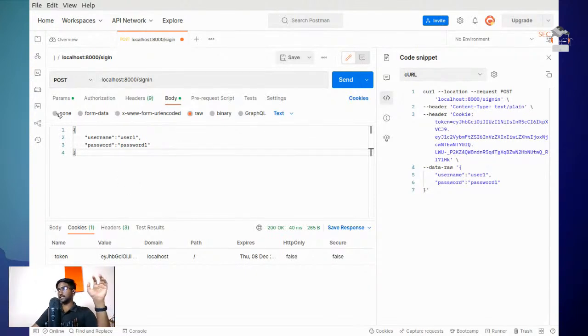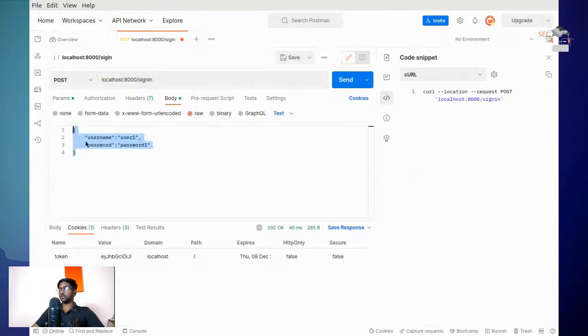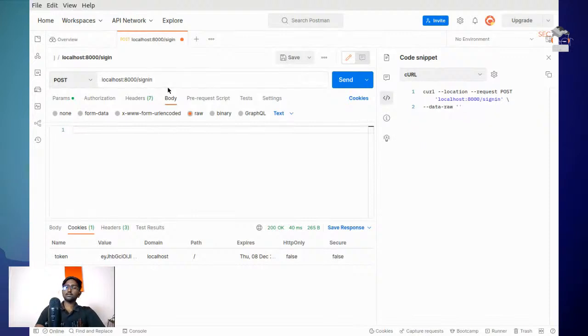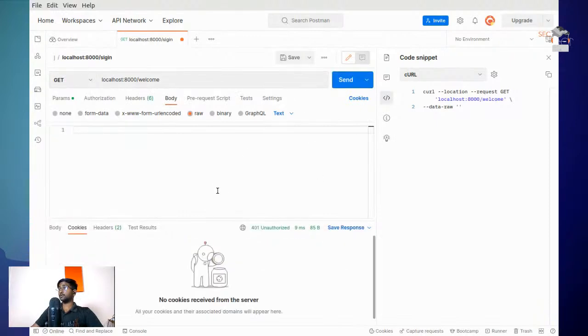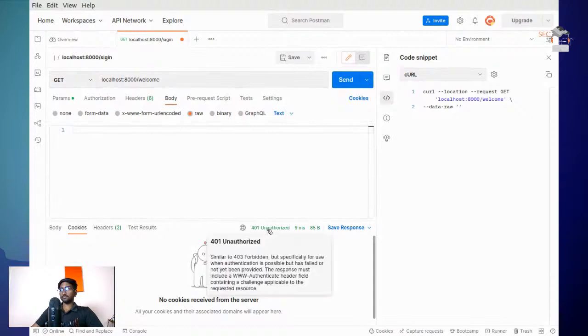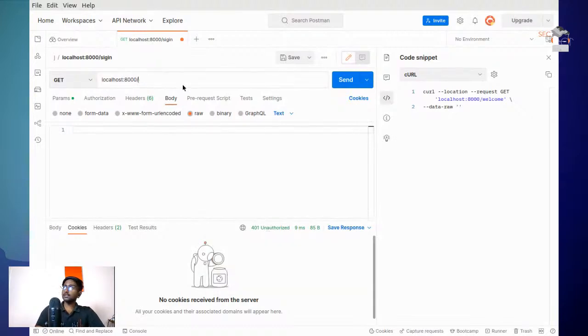So let us say, for example, I were to not give it anything right now, and I will just try to hit the welcome endpoint, and it should say 401 unauthorized. I'm not allowed to access this endpoint.